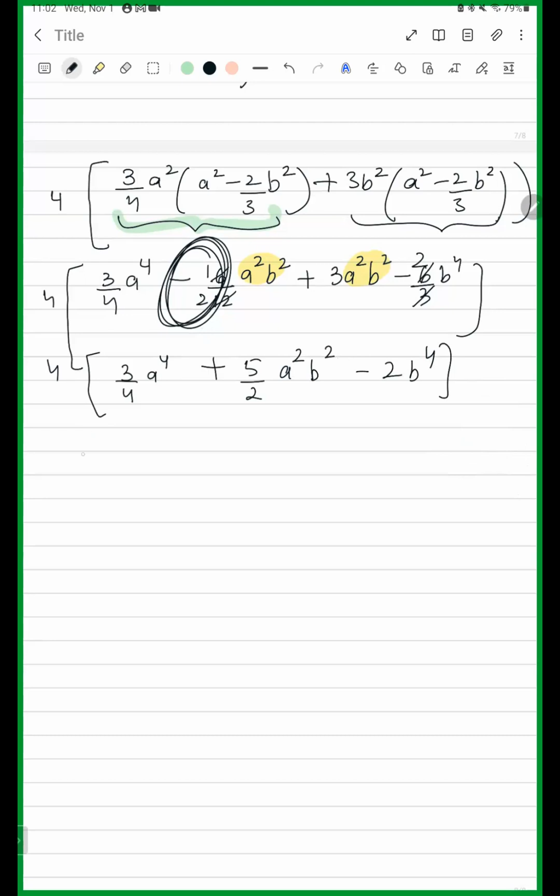So now when you multiply the entire thing with 4, open the bracket, what will this become? 3, 12 by 4. Okay, sorry. Instead of multiplying it, I know it is going to become 12 by 4, but can we just write 4 into 3 by 4 like this?